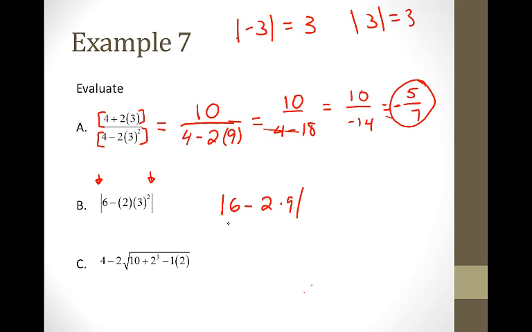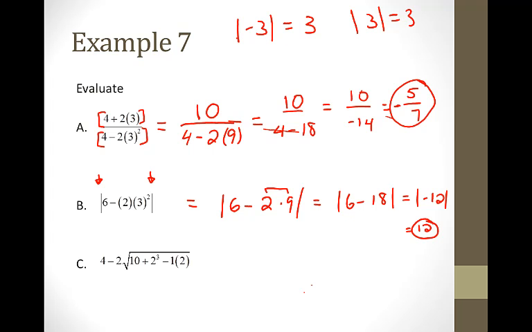And we just carry those absolute value symbols over. Again, order of operations, we do the 2 times 9 next. So absolute value of 6 minus 18. This is going to be the absolute value of negative 12, and the absolute value of negative 12 is a positive 12.